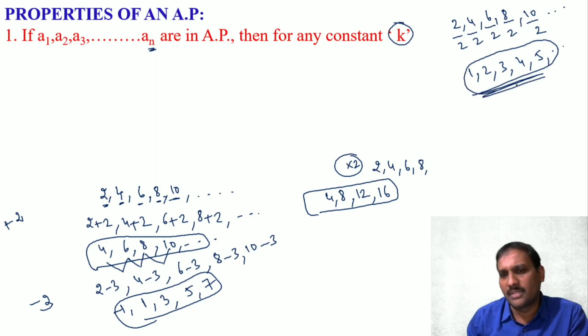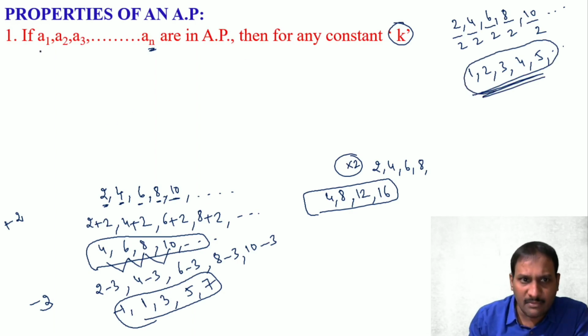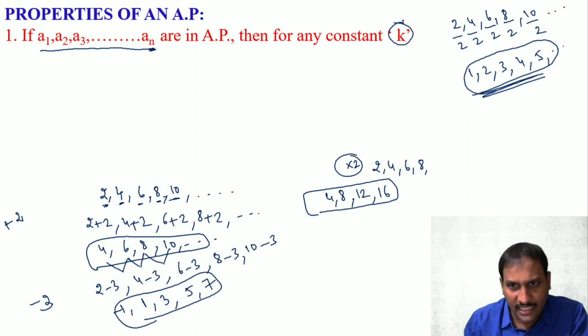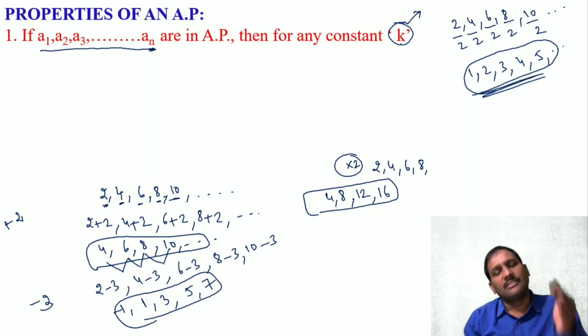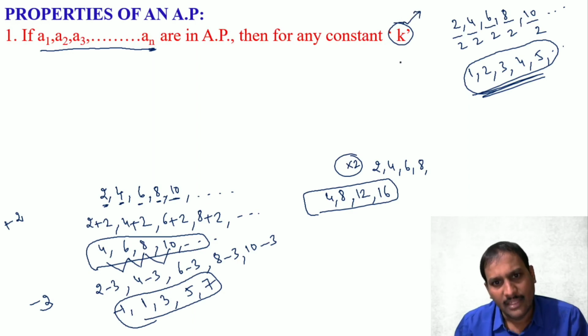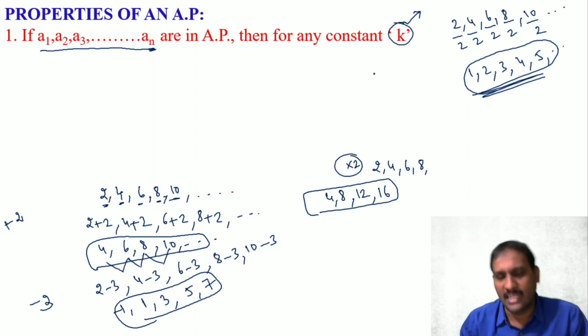So what did you observe? If these terms are in an arithmetic progression, then when you divide every term by a constant k, the resulting sequence also forms an arithmetic progression. Not only division: when you add k, subtract k, multiply by k, or divide by k, all the resulting sequences also form an arithmetic progression.